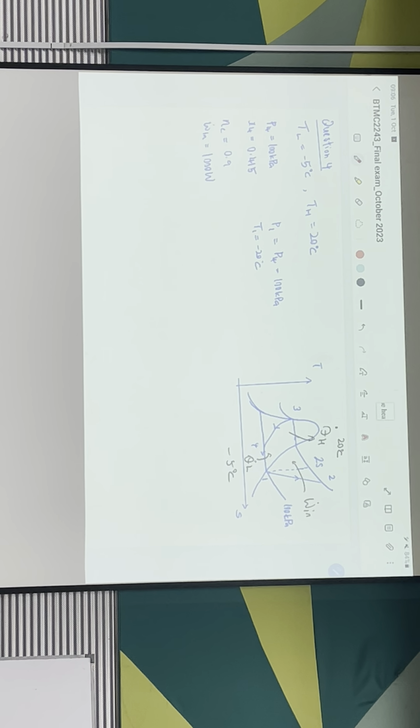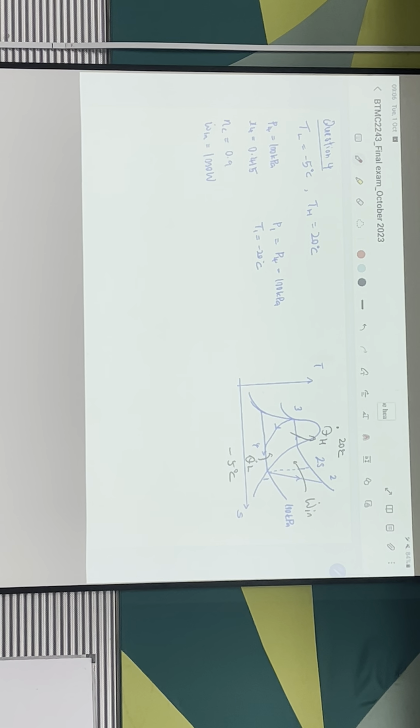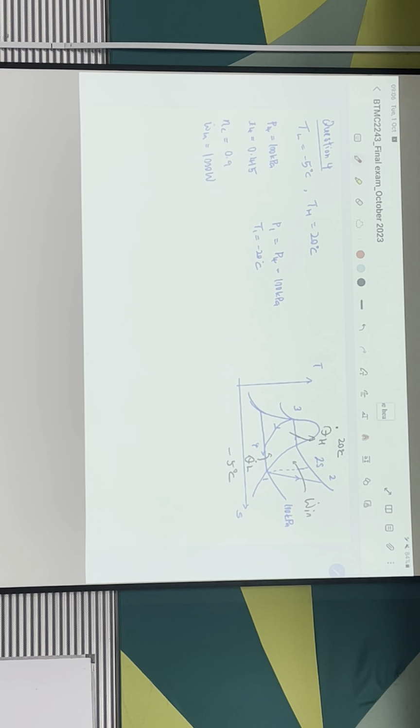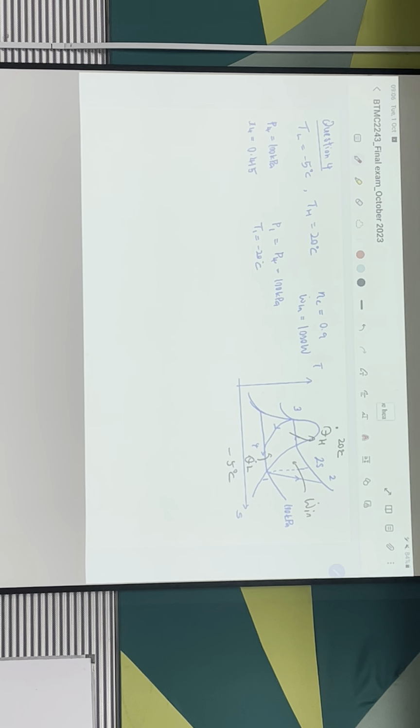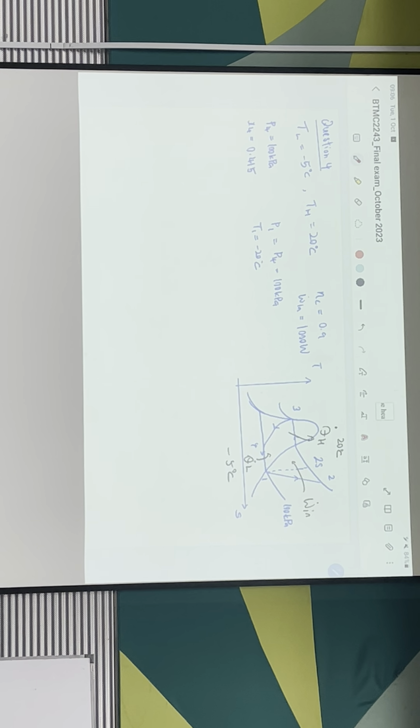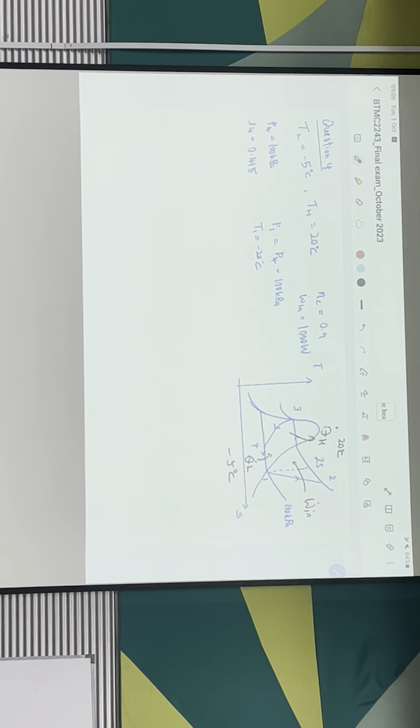Okay, so based on everything you have here, which one do you think is the logical state that you should start with? What's the logical step here? Where should you start? State 4. Okay, so technically speaking, state 1 and 2, you can also do them to a certain degree. I mean, you can also find the specific heat.